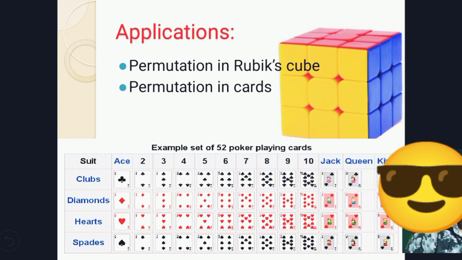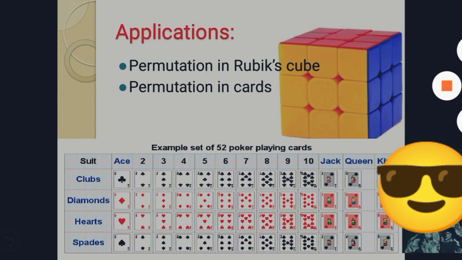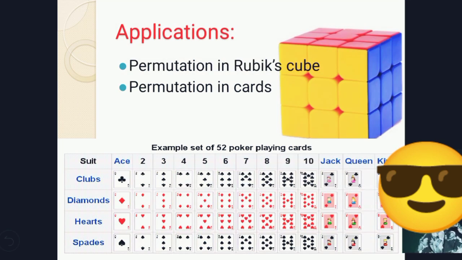The Rubik's cube is a big cube with 6 faces, that is 6 colors, and small squares, 9 on each face. For one face we get 3,62,880 permutations, and there are 6 faces, so totally 21,77,280 permutations are possible in the Rubik's cube.